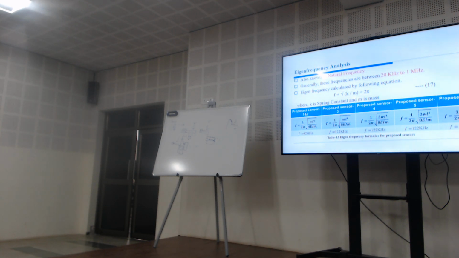So what is the maximum deformation frequency? That also we should carefully consider for this movable sensor. The formula is F equal to square root of spring constant by mass, applying that. So these are all eigenfrequencies, whatever designs I showed previously, means operating frequency.